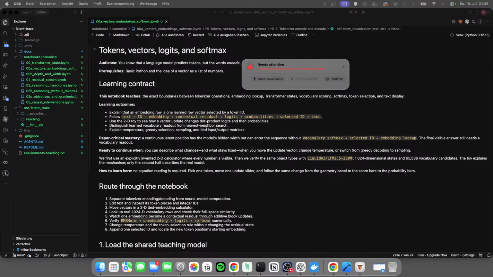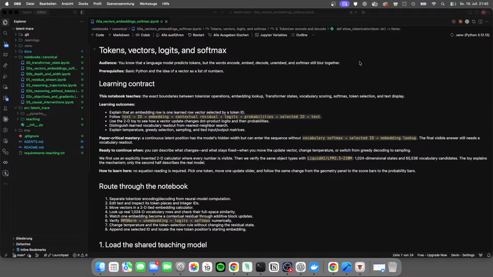Okay, I'm not even connecting to the servers. Oh man. Okay, yeah, my internet connection is really, really bad.